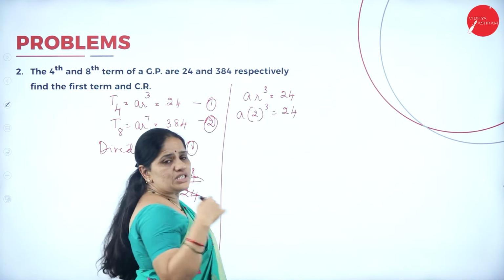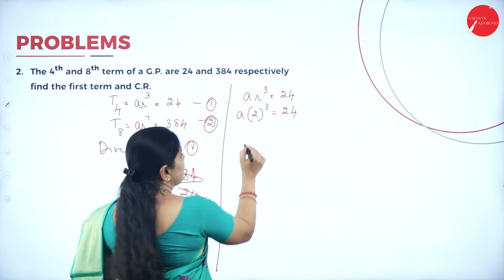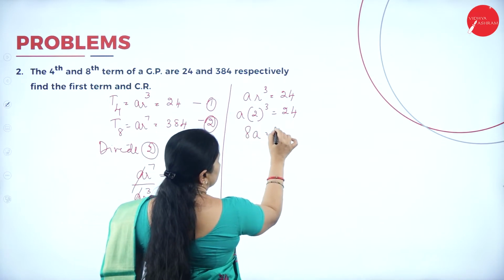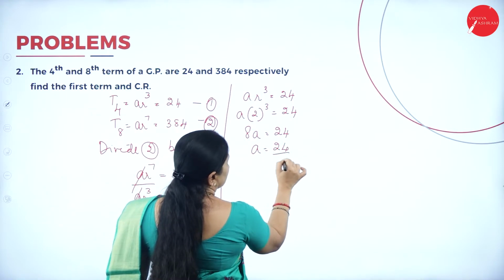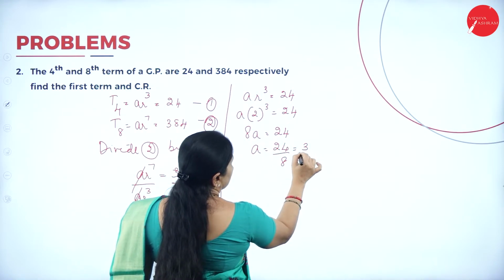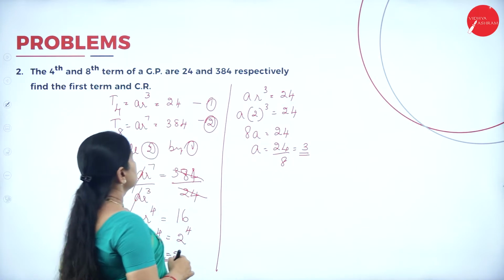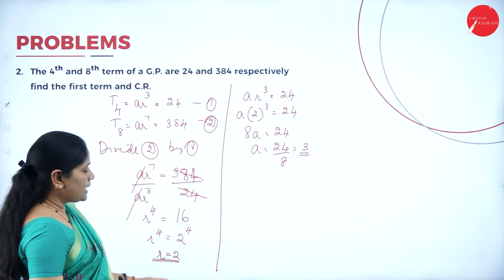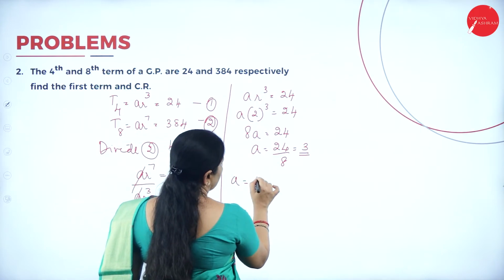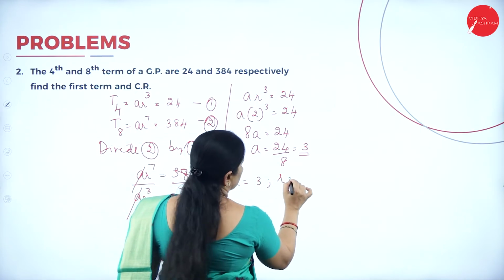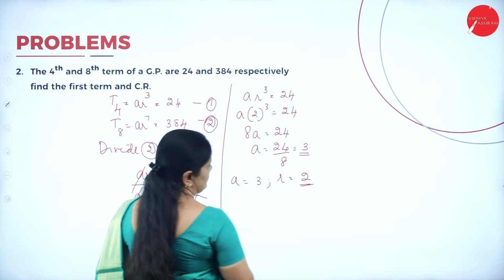So 2 cube is 2 into 2, 4, 4 into 2, 8. 8A equals 24. A equals 24 by 8. A equals 3. So we know what R is. R is 2 and A is 3. A equals 3, R equals 2 is the answer.